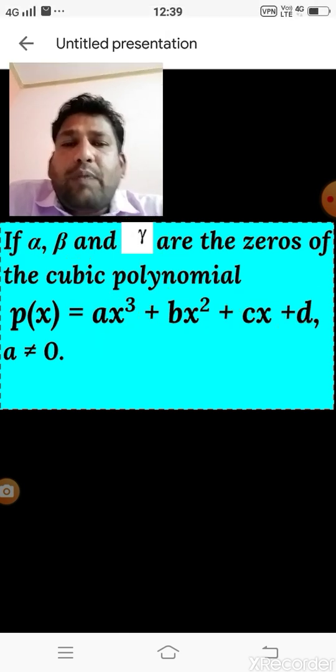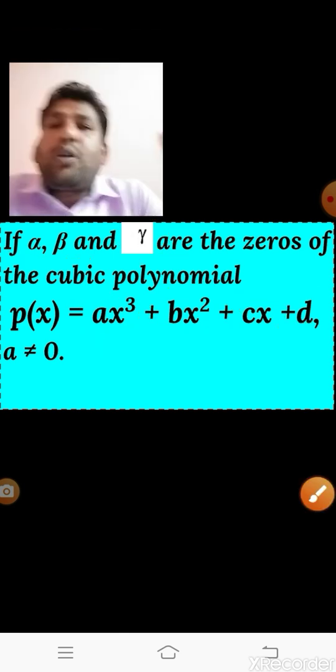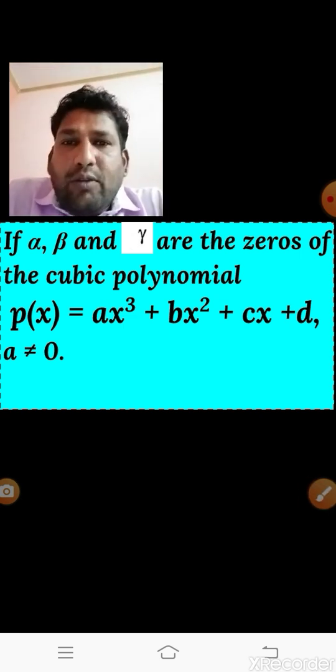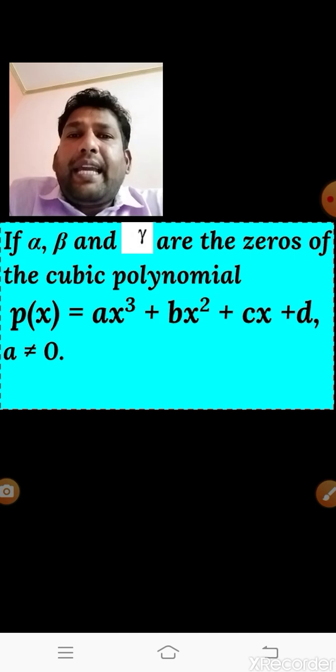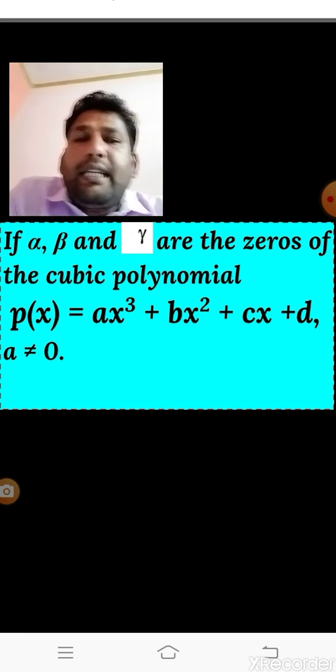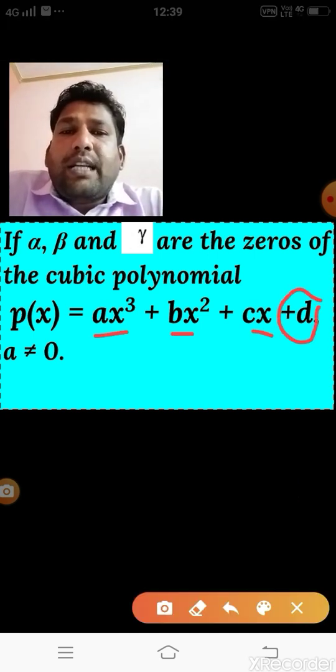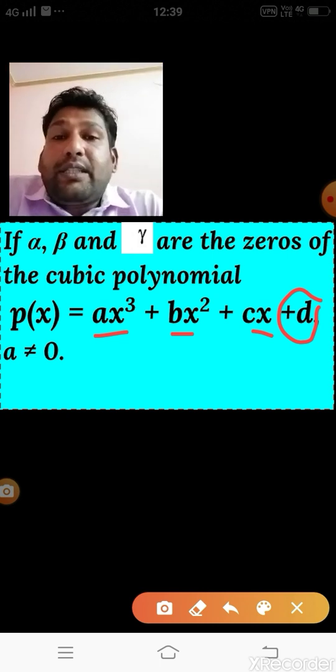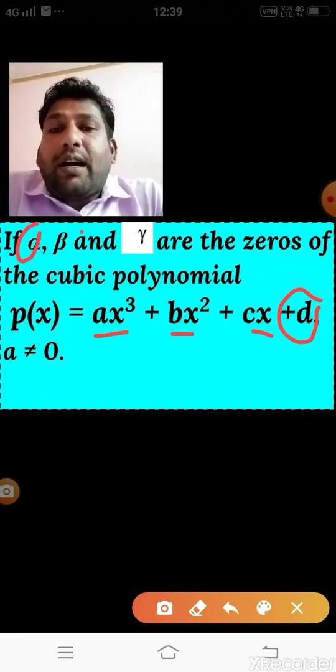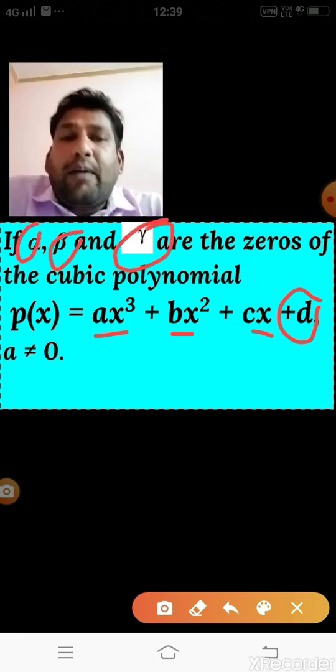For a cubic polynomial of the form ax cube plus bx square plus cx plus d, remember that a is the coefficient of x cube, b is the coefficient of x square, c is the coefficient of x, and d is the constant term. And the zeros we are taking as alpha, beta and gamma.